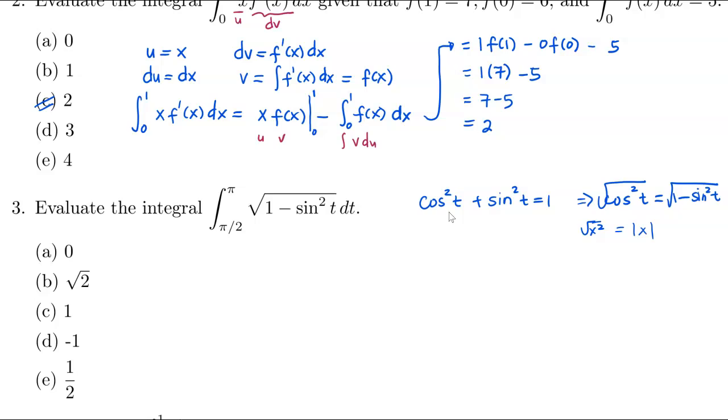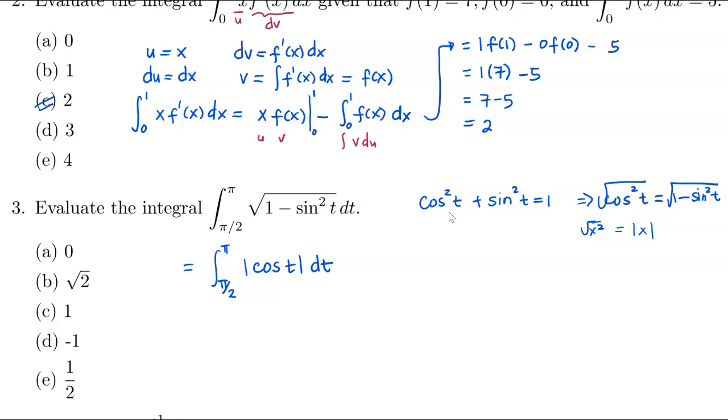It's not x, it's not the principal square root, it's just the absolute value of x. So in other words, this expression would become the integral of the absolute value of cosine of t dt, evaluated from pi over 2 to pi.